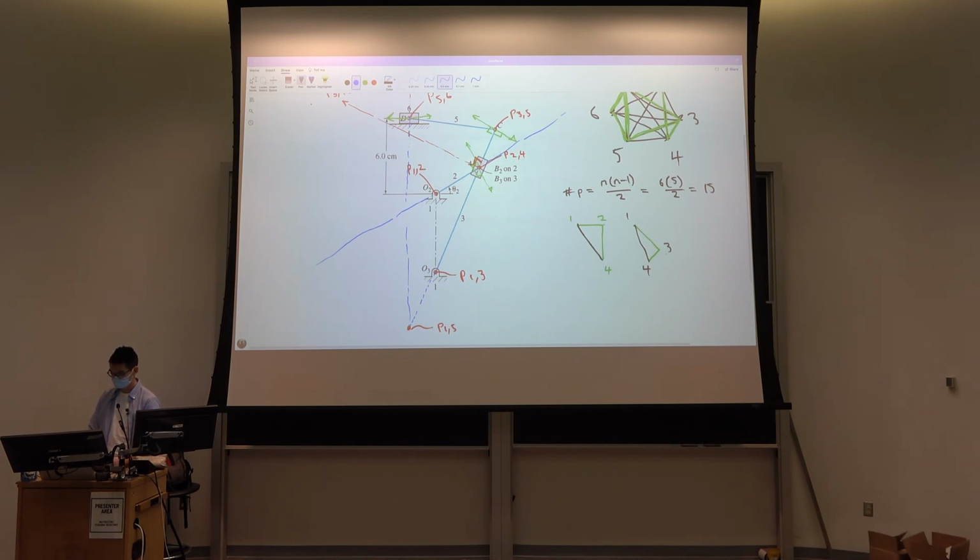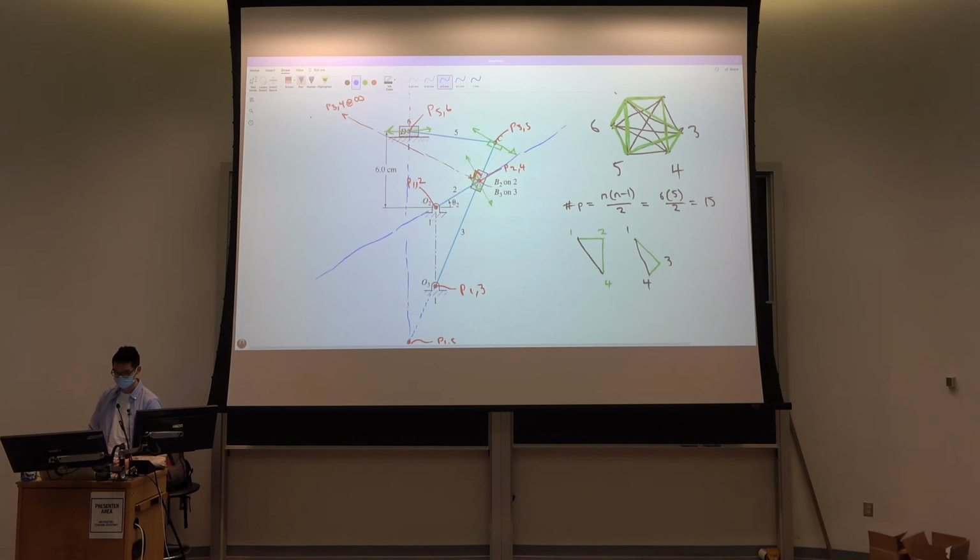Now let's look at the right side triangle, 1, 3, and 1, 4. So P13 is down here at this lowest pivot point. And P34 we already found is off at infinity, right? So the question is, how do we join this point with a point that's at infinity?